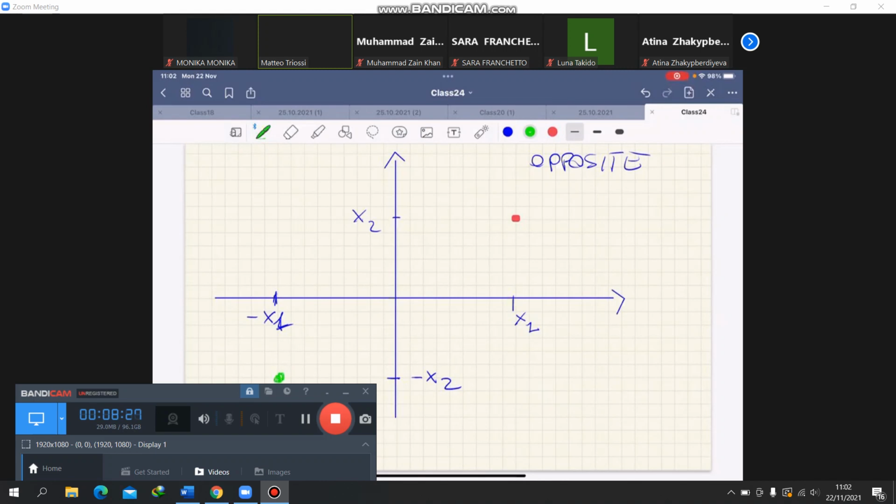Here, this is, say, A, and this is minus A. A equals x1, x2. Simple.